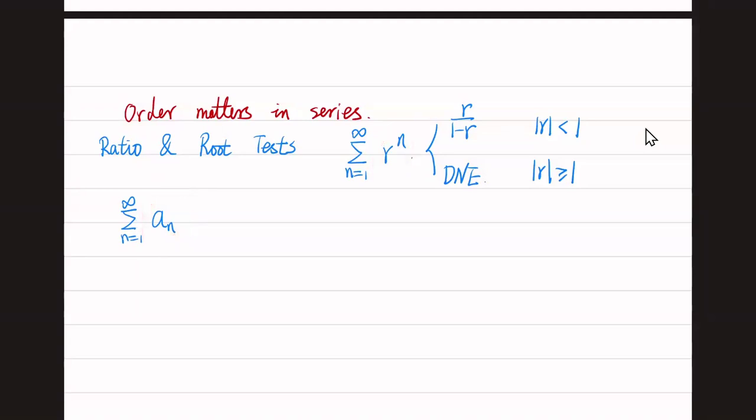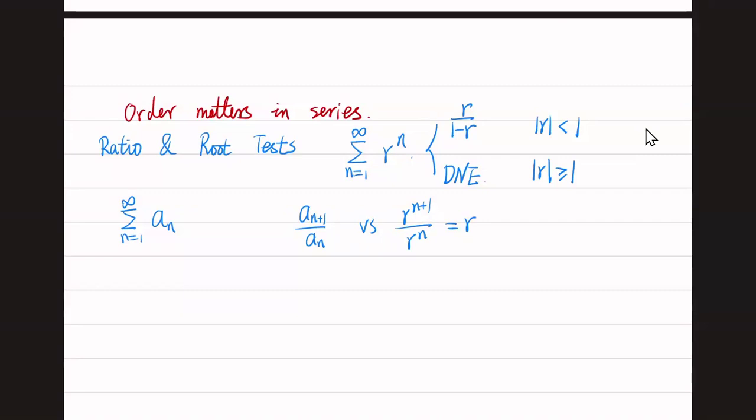So we consider the quotient. This will be the ratio of the next term over the previous term. If this is constant, then it will be very close to the geometric series, where r^(n+1) over r^n will be r.